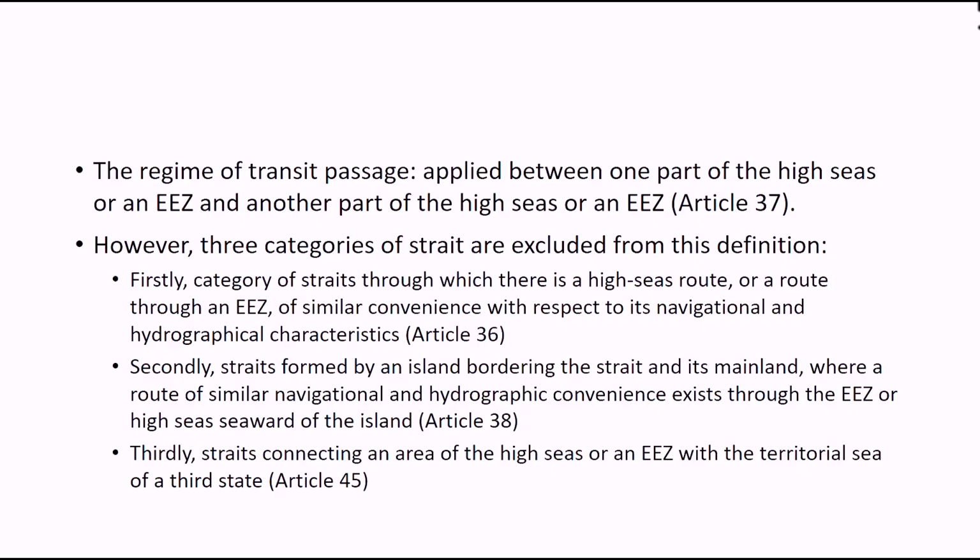The regime of transit passage has been discussed under Article 37 of the United Nations Convention on the Law of the Sea, and it says it applies between one part of the high seas or an EEZ and another part of the high seas or an EEZ. So, it is nothing but a passage which will be considered for transit. No ship will be allowed to halt, and if there is an alternate route available, where a ship is not bound to use, or it is not necessary for a ship to use that particular passage only, and there is an alternate nearby route available, then the ships must avoid such transit passages.